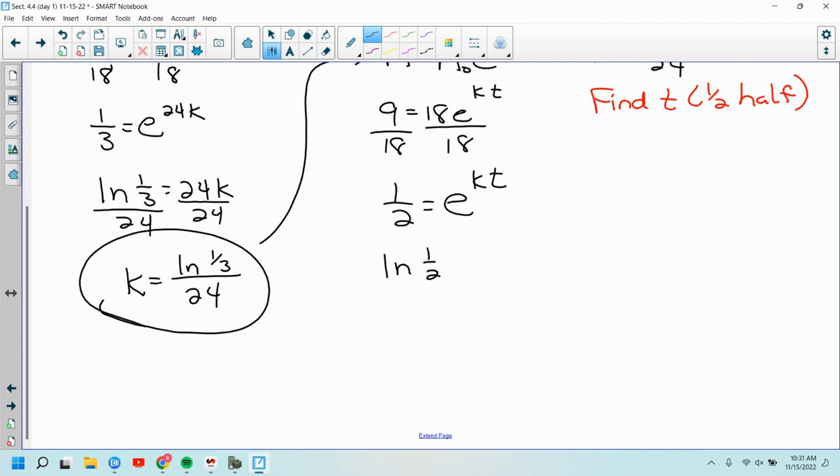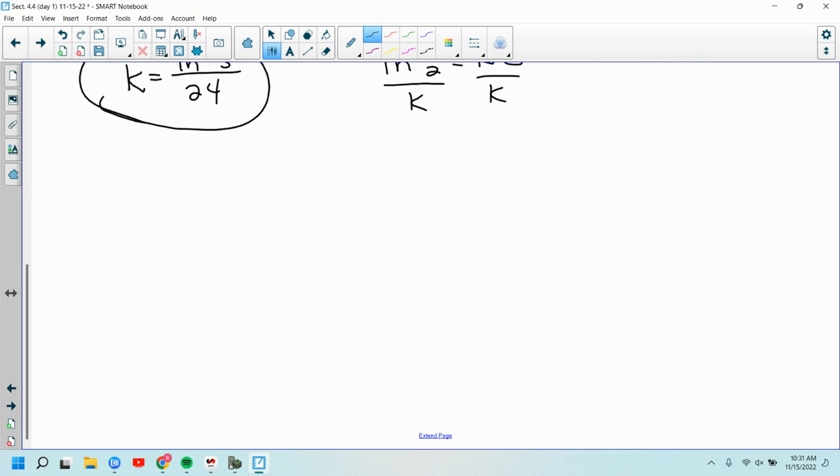You got to put both the k and the t. Natural log of that constant is always equal to the exponent, so equal kt. I'm solving for t, right? Divide by what? K. Divide by k. So t equals the natural log of 1/2 divided by k.